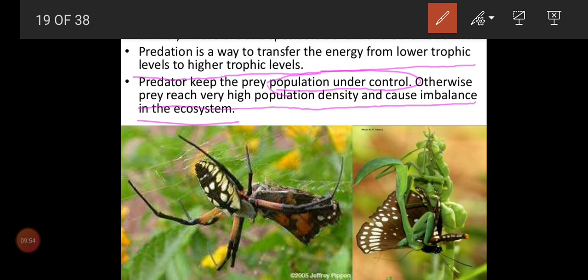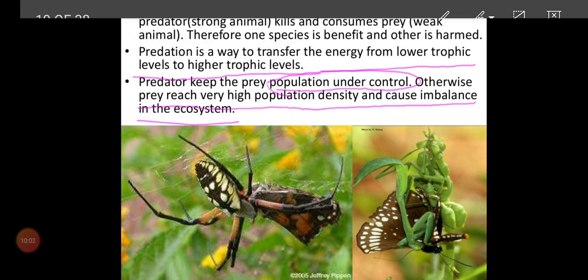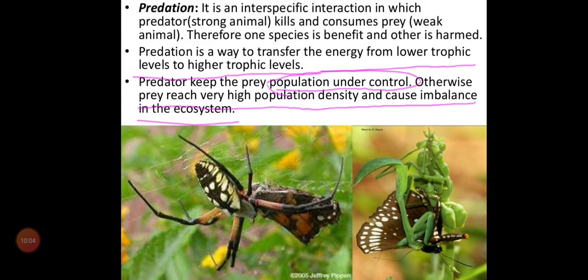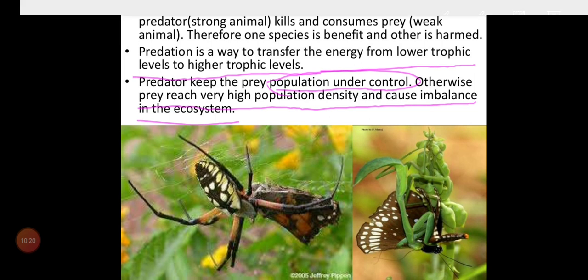So predation helps to maintain the population in an ecosystem, and also acts as a channel for energy transfer. So I think you are clear. Predation means interspecific interaction between predator and prey, one is benefited, the other is harmed. The purpose is to control the population and also transfer energy.